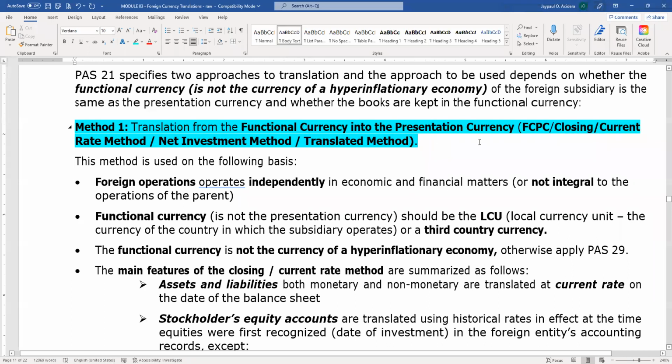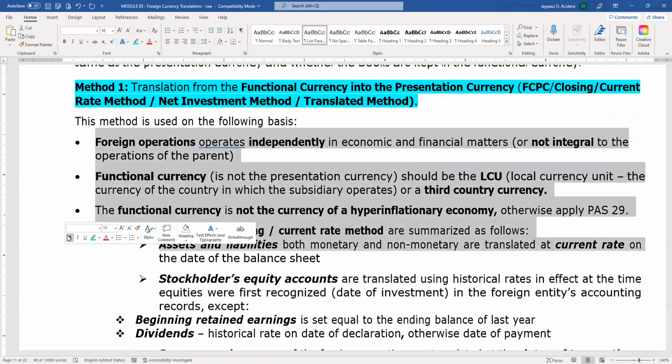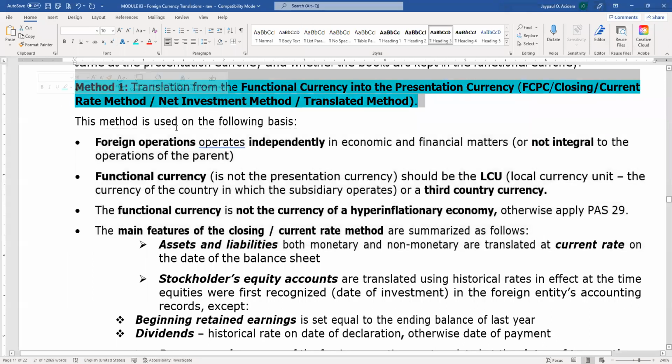So huwag kayong papalito, lahat ng yon pare-pareho lang. So we are dealing with method 1. Later, di-discuss ko ito na mas maganda kasi i-compare yung method 1 versus method 2. So introduce ko muna yung ano ba yung method 1. So these are the possible names for method 1.